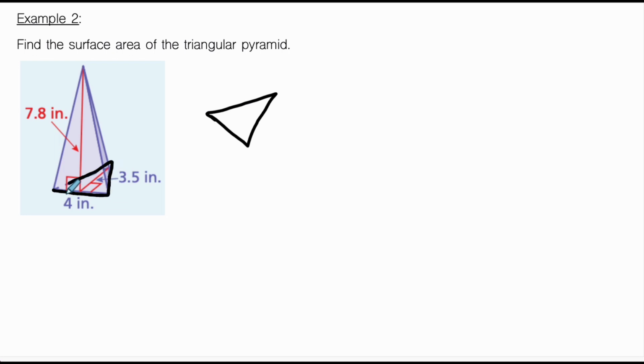The triangular ones are a little more tricky. That's 4 inches, and this is 3.5. And that's important because this is the base and this is the height. So area of the base is 4 times 3.5 divided by 2.